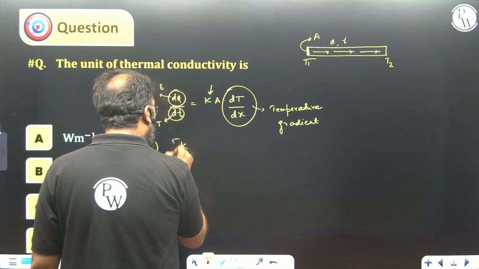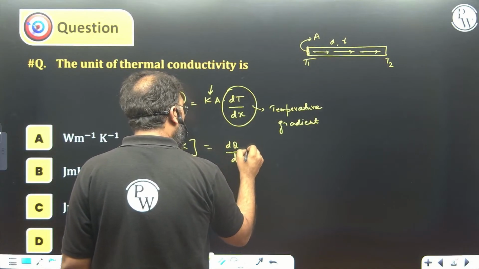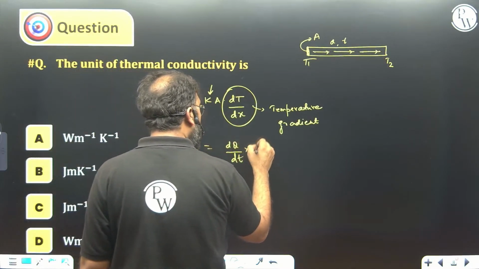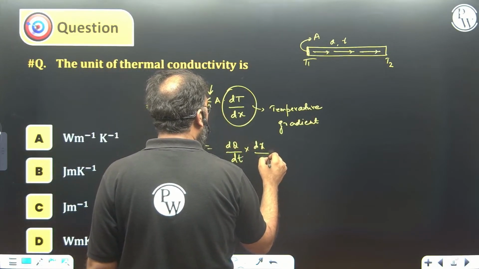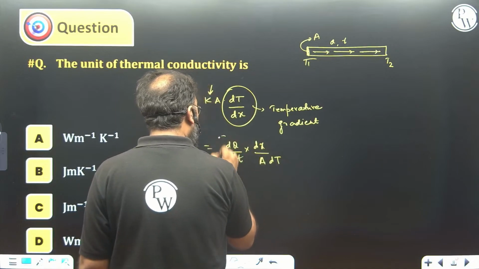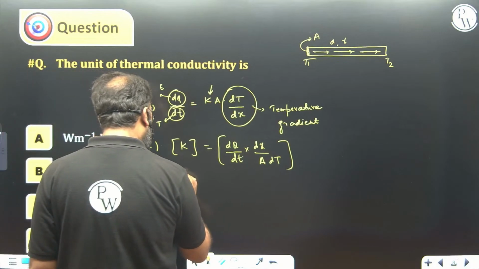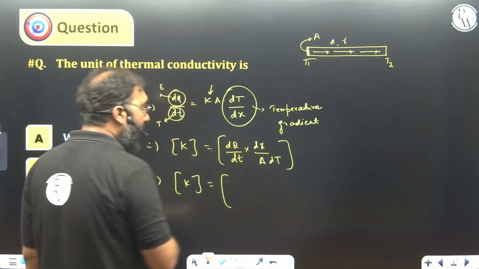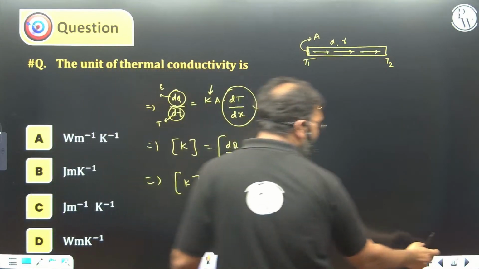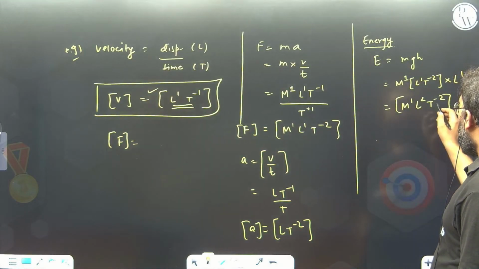So the dimension of K will be written as dQ by dt multiplied by dx, divided by A and dT. So this is how I have to write it down. Okay, let's check that. This is dQ by dt, energy. The dimension of energy we have done, right? It was M1 L2 T minus 2.